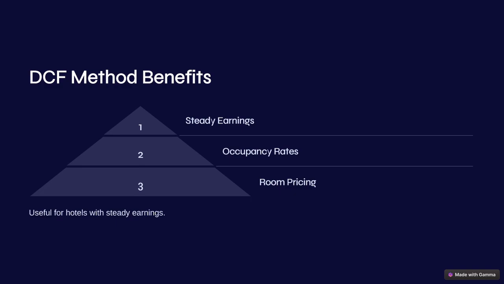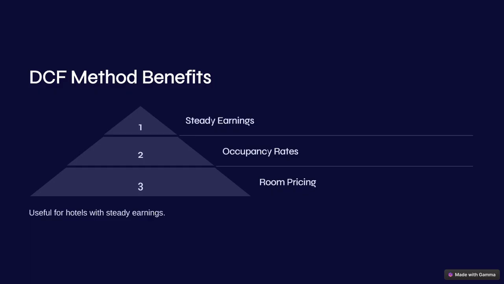So what are the benefits of this discounted cash flow method? It assumes steady earnings. So by using the occupancy rates and room pricing, we will be calculating the future cash flows, and then we will discount them to calculate the present value.